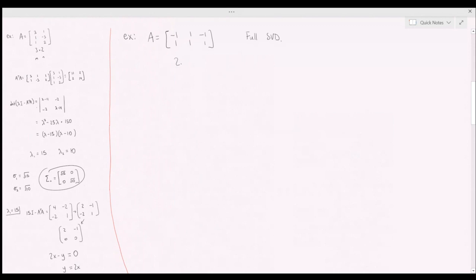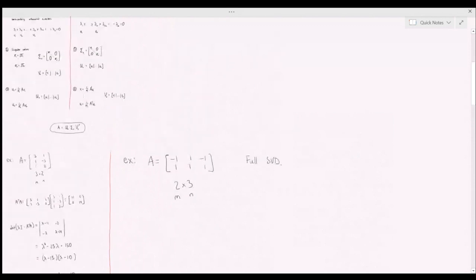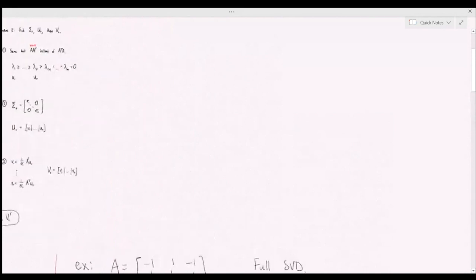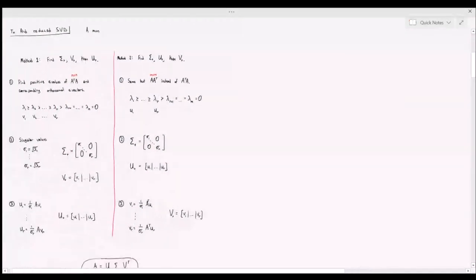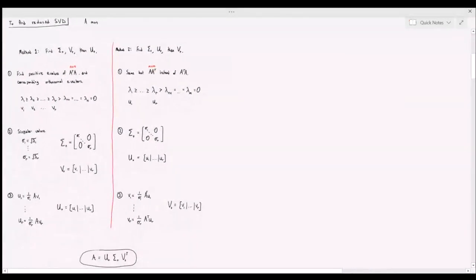Now this time my matrix A is 2 by 3, so M is smaller than N this time. Because M is smaller than N, I think I might go with method 2 to calculate the reduced SVD first, since A A transpose will be smaller than A transpose A, okay?